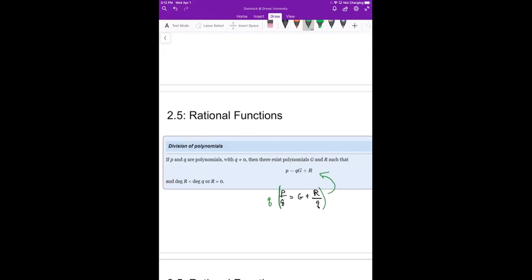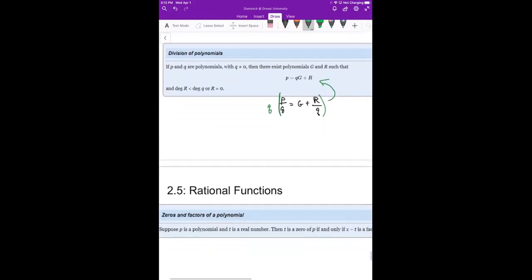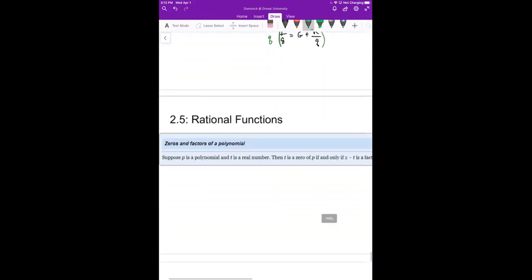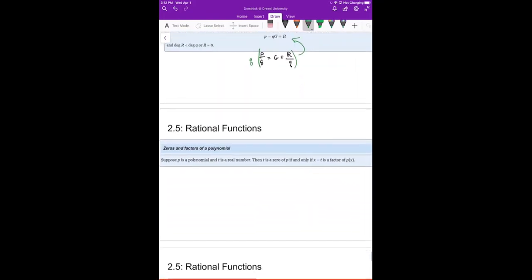That's just another way of phrasing it. Now remember in a previous video we talked about zeros of a polynomial, and t is a zero of a polynomial if and only if x minus t is a factor of that polynomial.